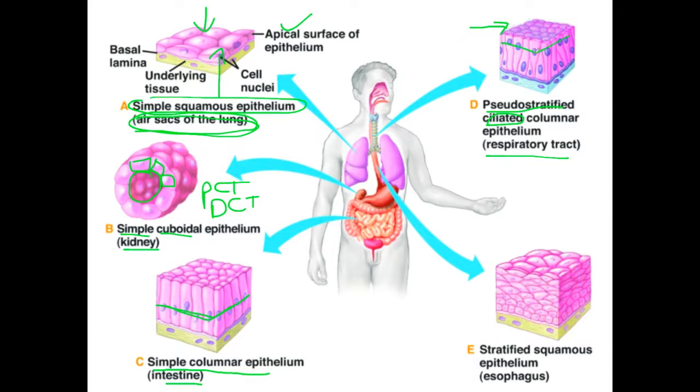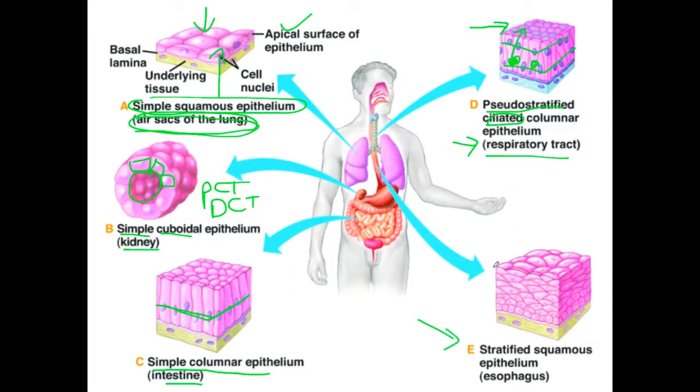We could see that the nuclei are at multiple levels, but it's really one cell layer, but the nuclei are varied. So pseudo-stratified ciliated columnar, we'll find them in the respiratory tract. They often have goblet cells. Remember, those goblet cells are going to push out mucus to the external surface.